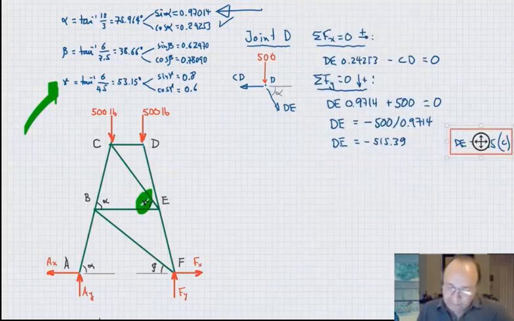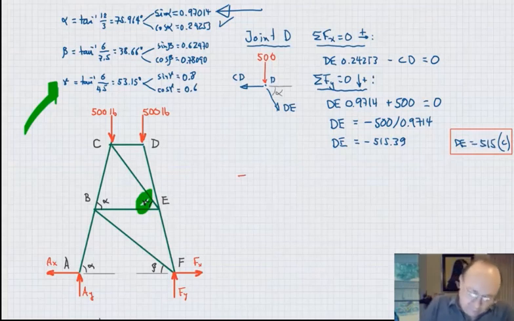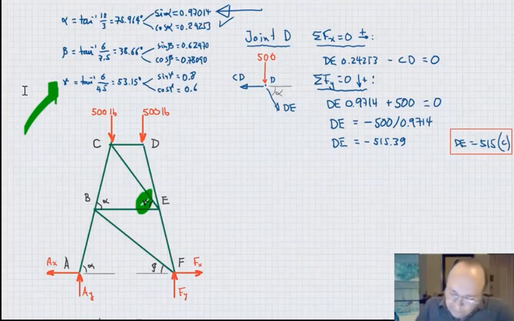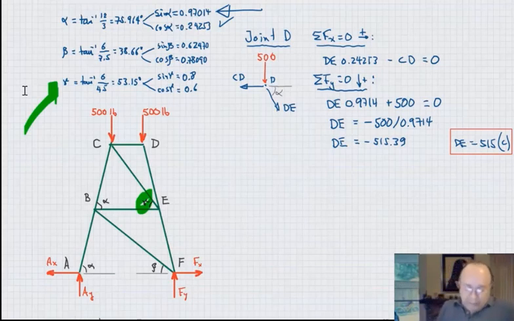I have my first result. Negative is compression, right? So DE, I got 515. I put it in my big diagram here in red, minus 515.39. You see that I wrote it in the big diagram.